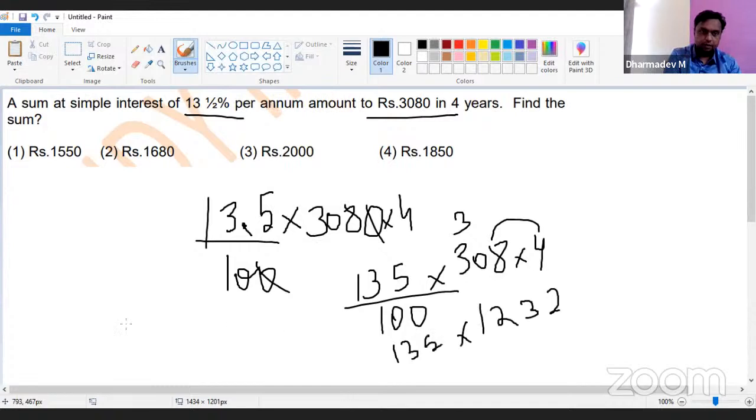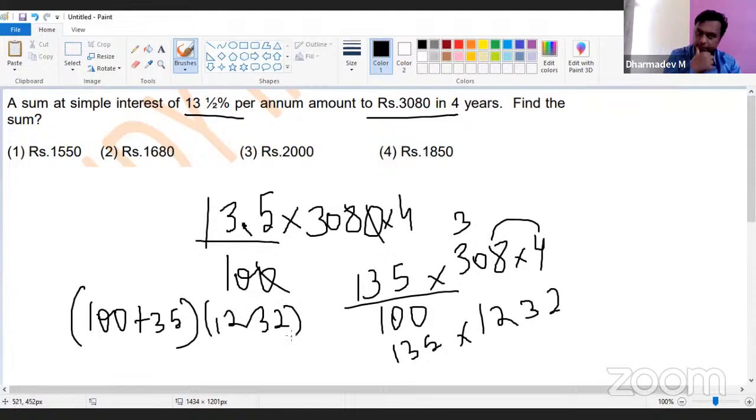So we'll take it as 100 plus 35 times 1232, divided by 100.